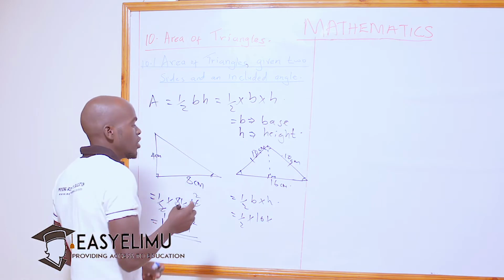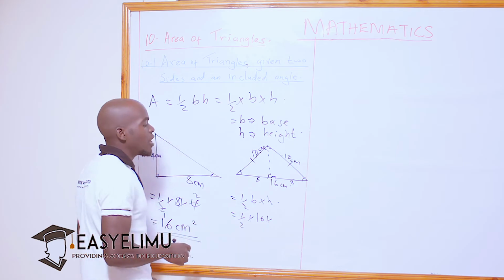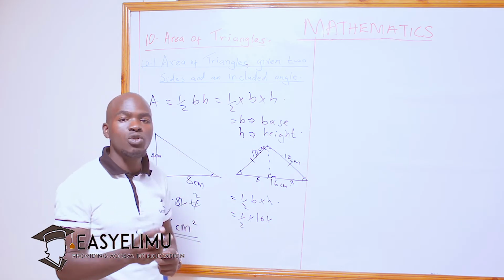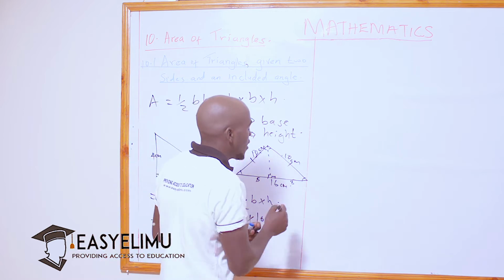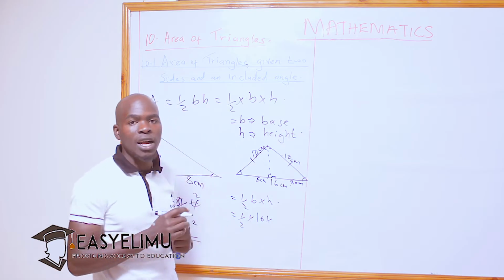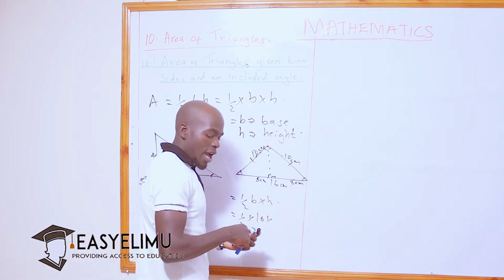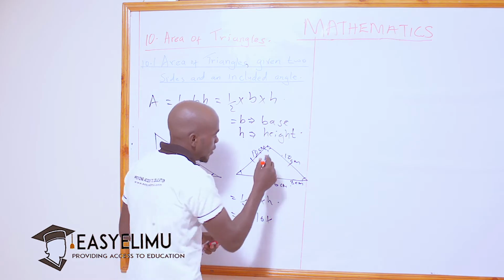And for that case, you can also divide this side and find that line will divide the bottom line into 2, making two equal sides of 8 centimeters each. So you can use one of the right angle triangles, which I will refer to as this.